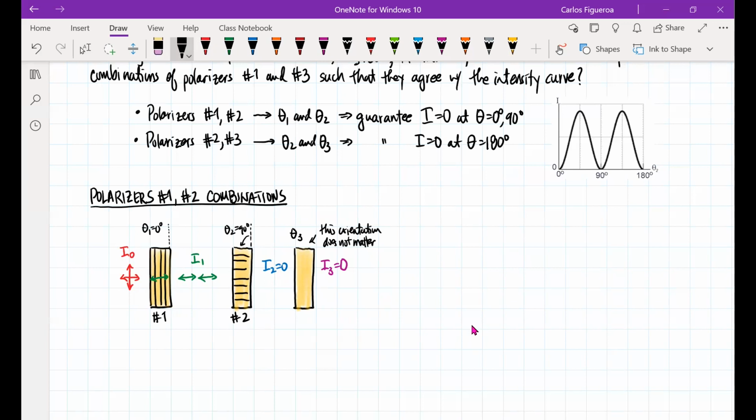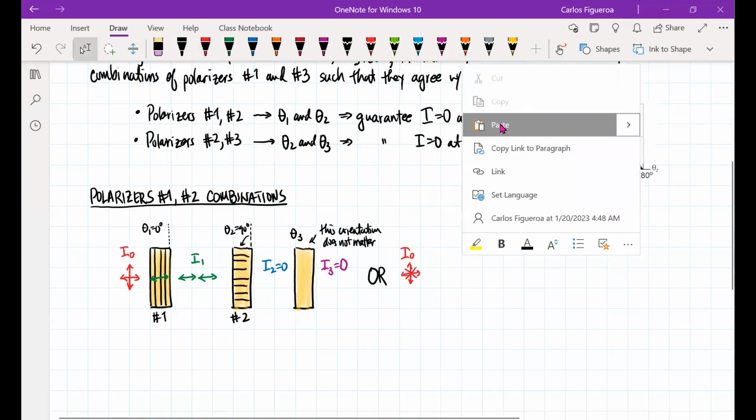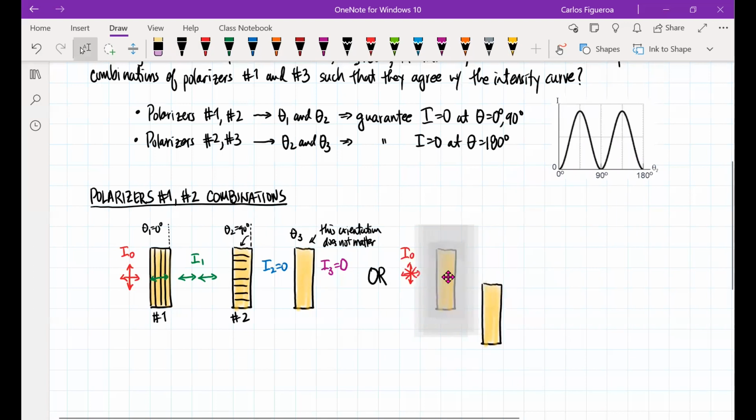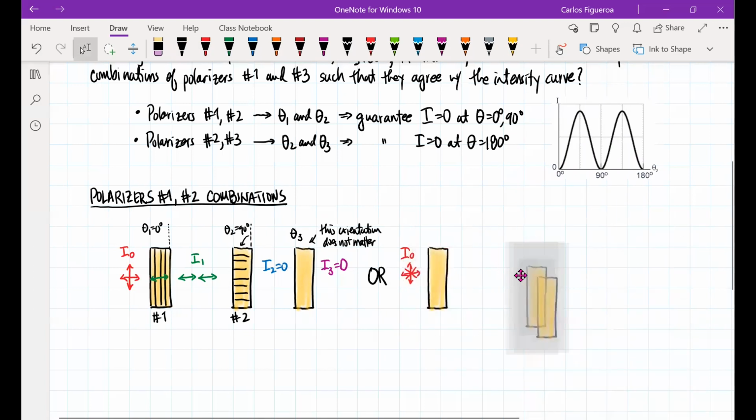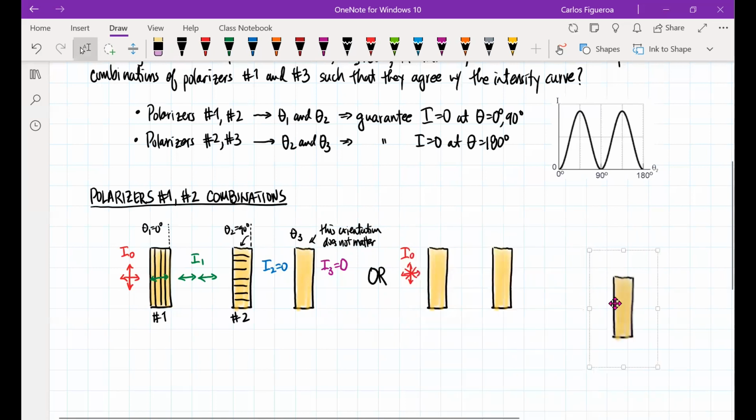So I can have a second combination of these three. Again, I have unpolarized light coming in, and it has intensity I naught. Then I put in my 3 polarizers. So here's 1, 2, and finally 3.